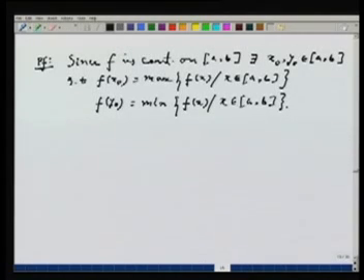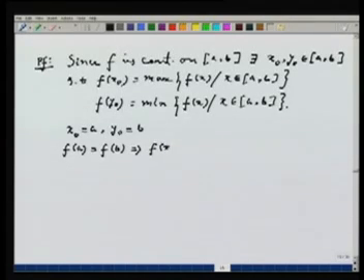Now the possibility is that x0 and y0 are endpoints. Let us say x0 equals A, y0 equals B. If that is the case, since f(a) equals f(b), this implies that f(x0) equals f(y0).